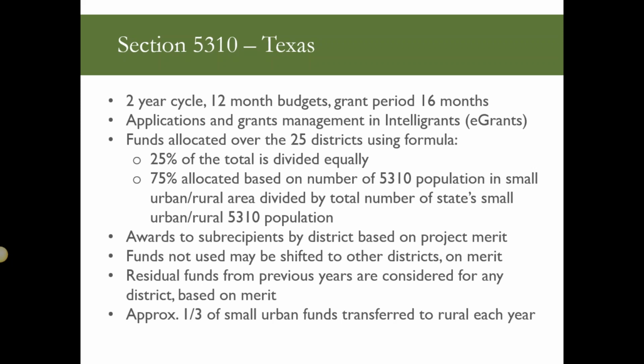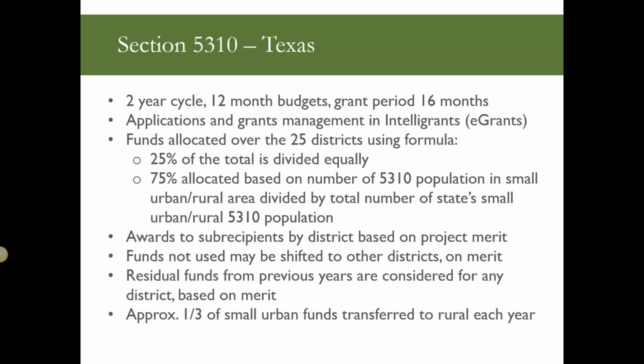We're fortunate enough this year, it's our second time going through the application cycle with eGrants, an online grant management system. A lot easier than spreadsheets and Word documents, but it's got its own challenges. Our funds, we allocate the funds by district, which gets kind of funky.